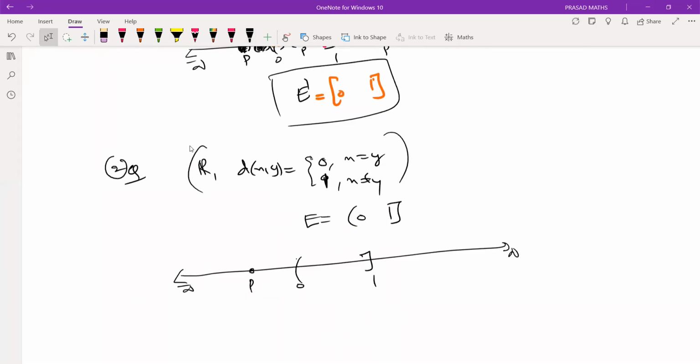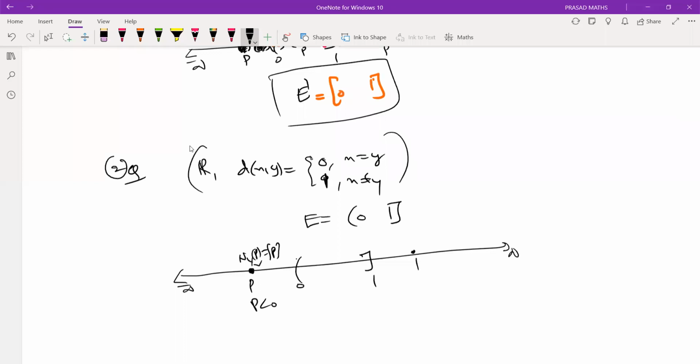No, because I can take the neighborhood as a singleton. We've seen just now, I can take this neighborhood as a singleton centered at P. Does it contain any point of the set? No. Therefore, it cannot be a limit point of the set. Whenever P is less than 0, the points on the left side of 0 cannot be limit points of the set because I can take the neighborhood as a singleton, which never contains any point of the set.